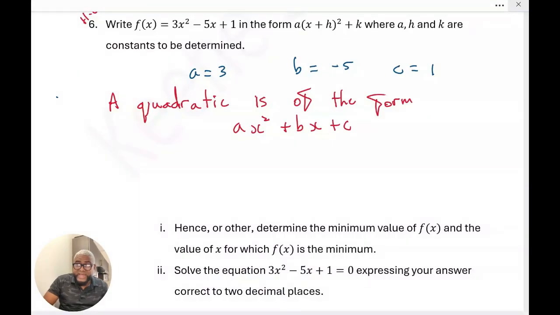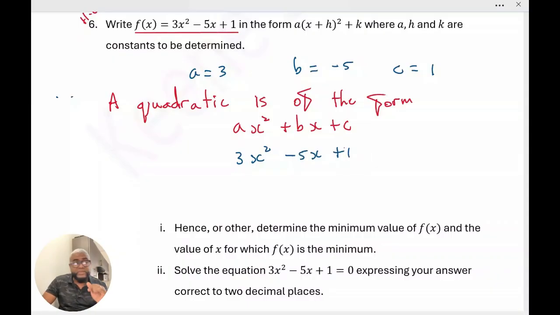So in the question above, the quadratic is 3x squared minus 5x plus 1. What's the number in front of x squared?